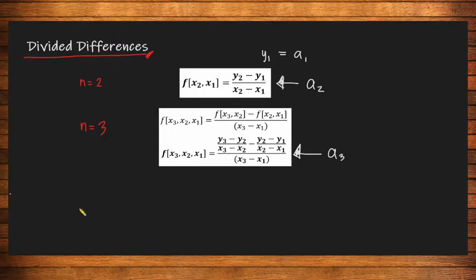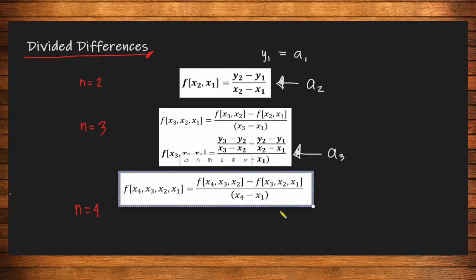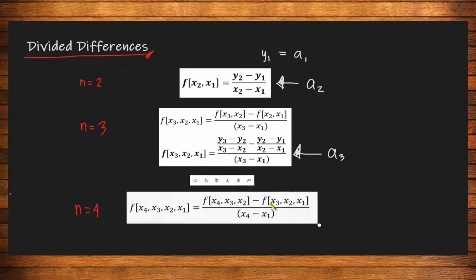Meron lang pattern yung first divided difference natin, ano? So, sa numerator, you have the difference of y, and then sa denominator naman natin, you have the difference of x. Now, extending this concept for 4 points, the third divided difference, written as f x sub 4 hanggang x sub 1, is defined as the difference between the second divided differences, f x sub 4, x sub 3, x sub 2, and f x sub 3, x sub 2, x sub 1, and then divided by x sub 4 minus x sub 1.